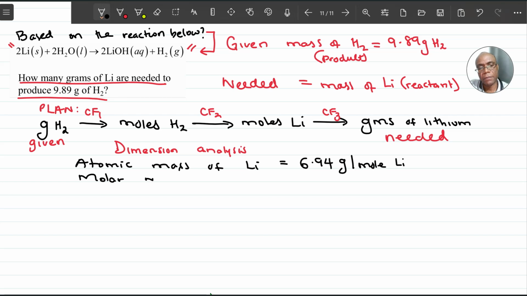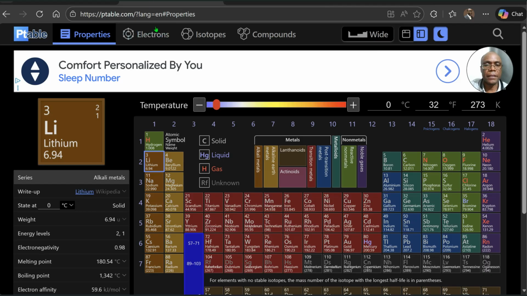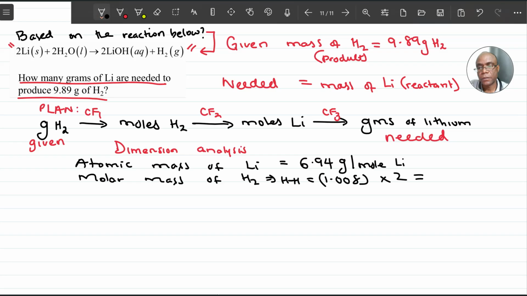So the molecular mass of hydrogen, which we know has 2 hydrogens, is going to be 1.008 times 2. Where did I get that? Again, from the periodic table right here. 1.008 is the atomic mass of hydrogen. So this is going to give us 2.016 grams per mole of a molecule of hydrogen gas.